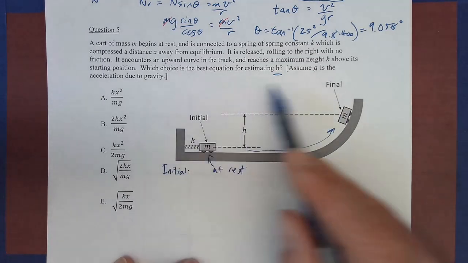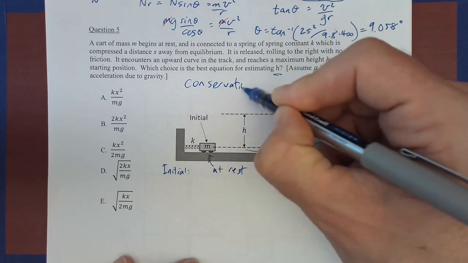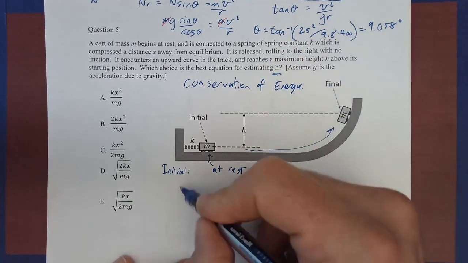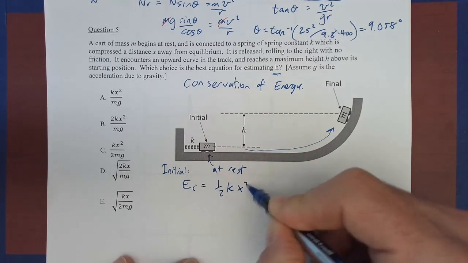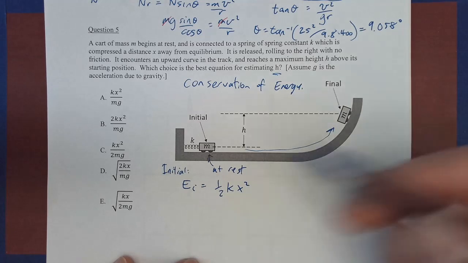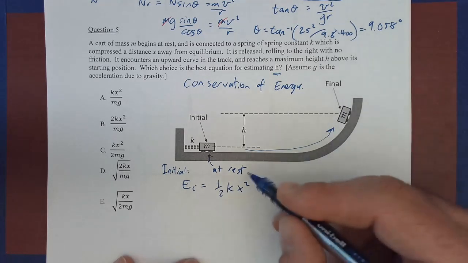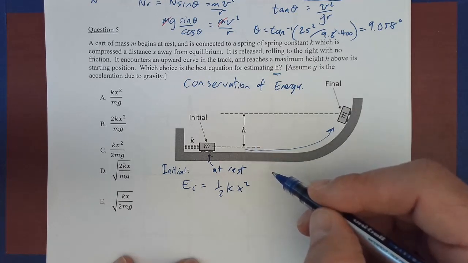Okay, this is a conservation of energy question. So initial energy is just going to be 1/2 k x squared. There's no kinetic because it's at rest, and it's at h equals 0, I guess.